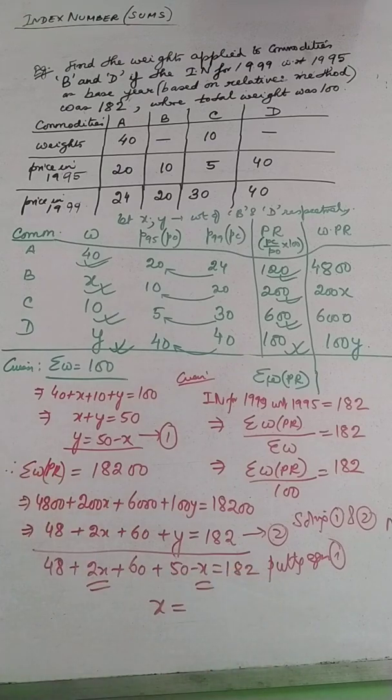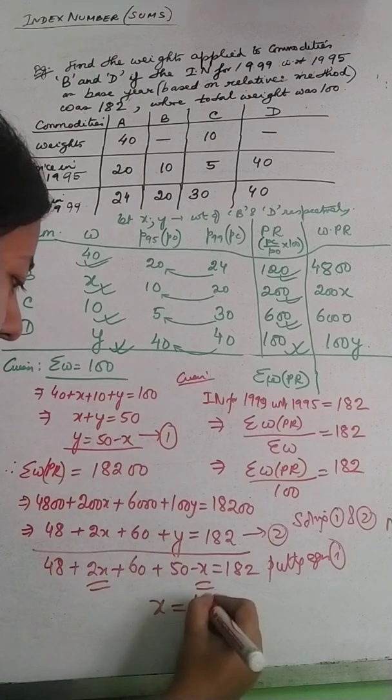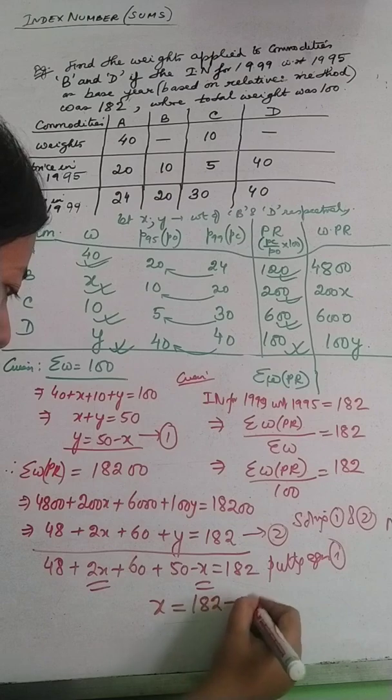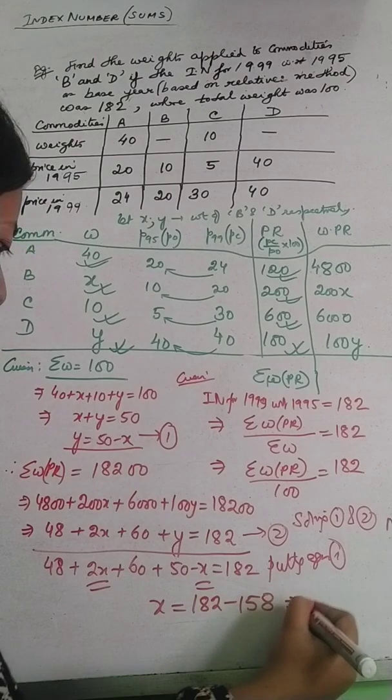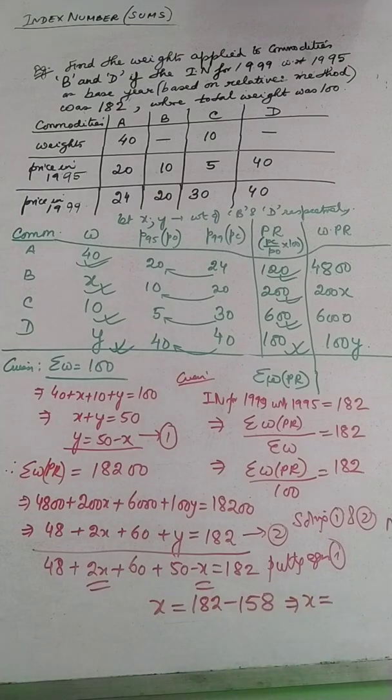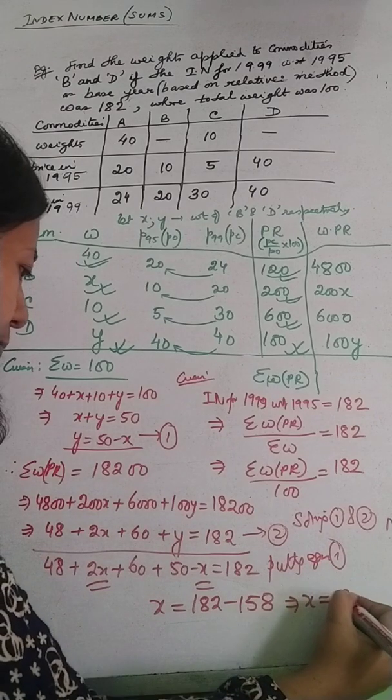So you are getting x, and how much is this? 48 plus 60 will give you 108. 108 plus 50 gives you 158. So 158 goes that side, and the value of x is 182 minus 158, which is 24.